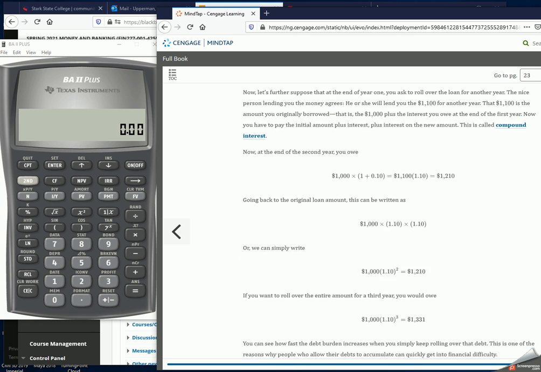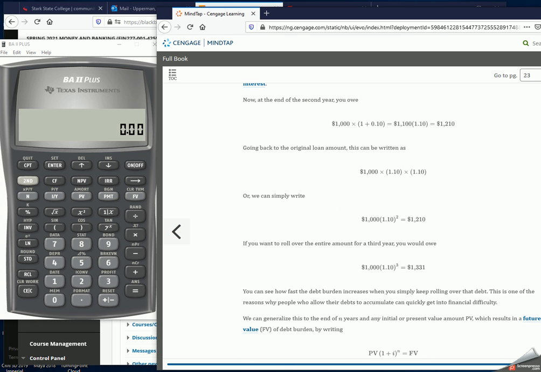Now let's see if I go down. It's saying, okay, well, what about in year 2? So again, it's still just another year of interest. Now your balance goes up to $1,100, and you're still paying the 10%.